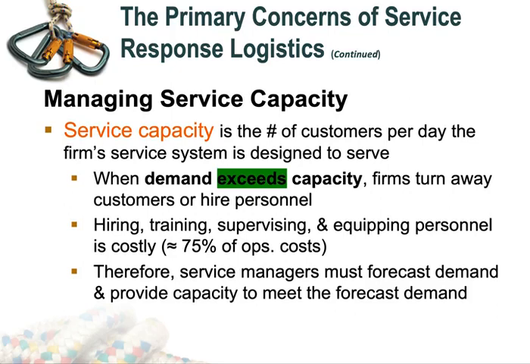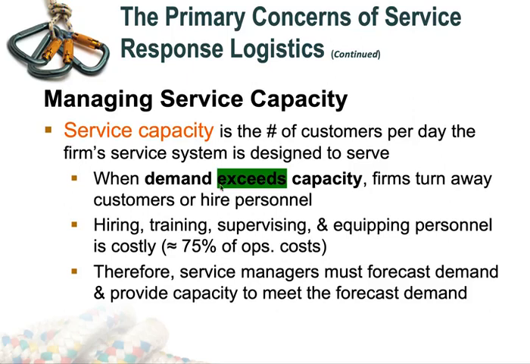Managing service capacity. Service capacity is the number of customers per day a firm's service system is designed to serve. This is very challenging, as I said. Maybe we can use historical data, the previous data, to predict the number of customers that can be served. When demand exceeds capacity, this is a challenge as well.